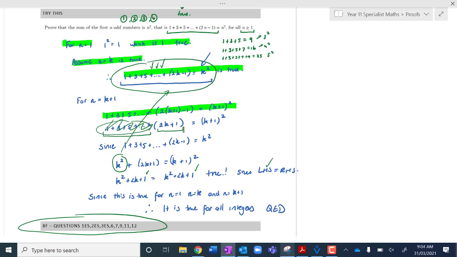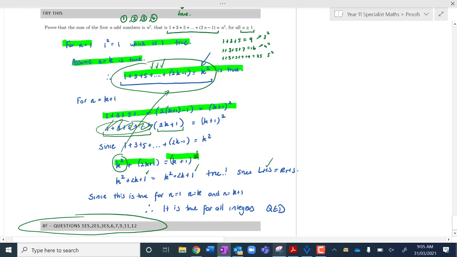So therefore what we can say is we know that that's k squared, but on the right hand side we've got k plus 1 all squared. So what we can say is that we're simply substituting that in. Now, looking at the left-hand side, is this the same?